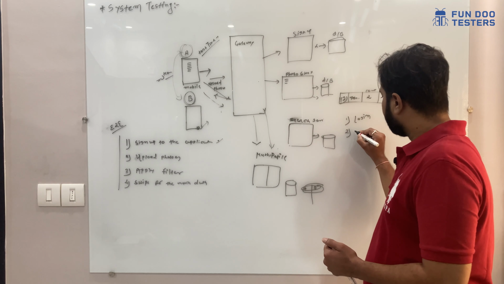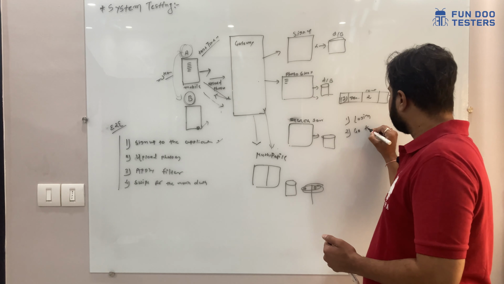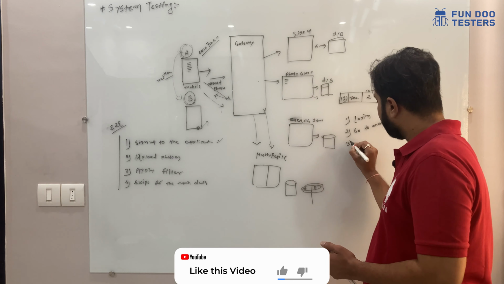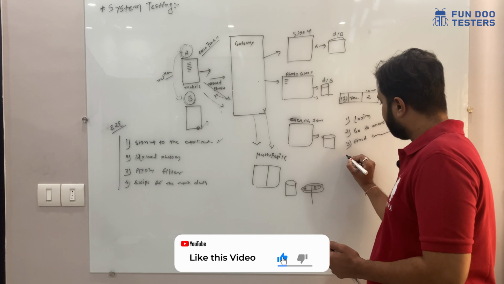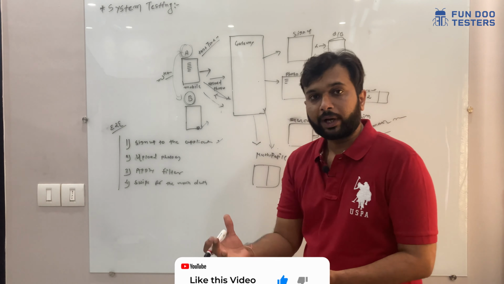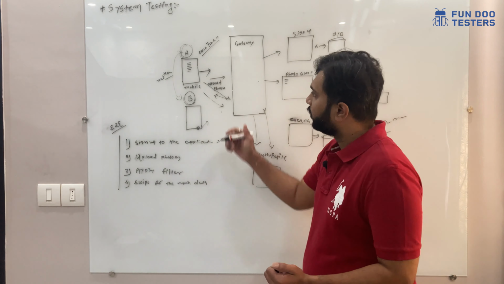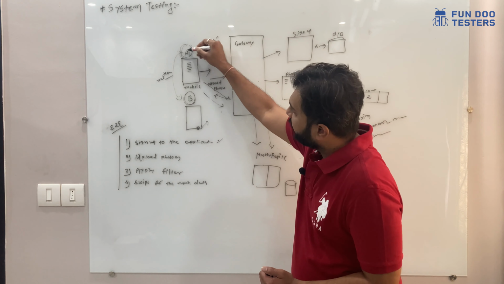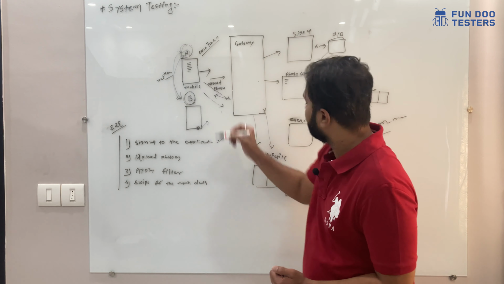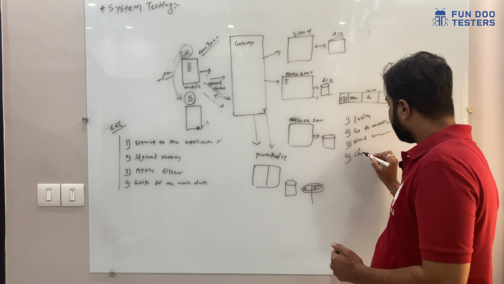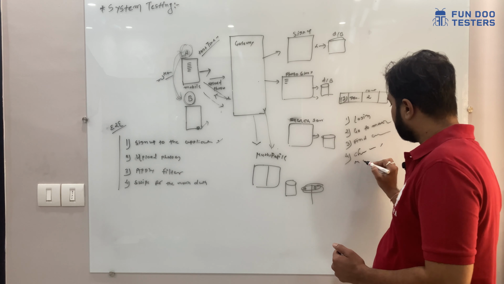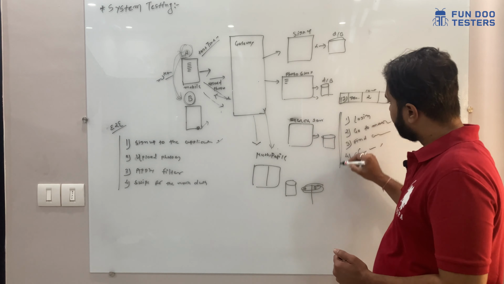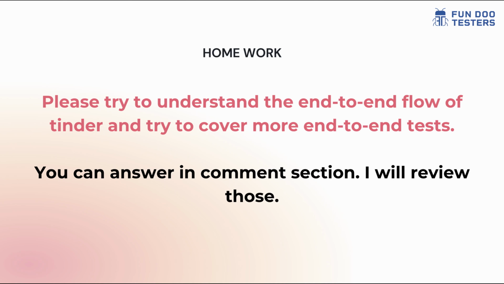So let's say go to the match module and find the appropriate name, and then we are going to start chatting. Let's say user A is going to chat with B. So chat with B or message to B. So this is my end-to-end second scenario.